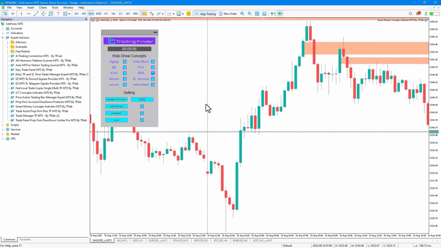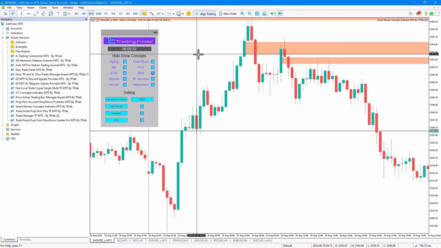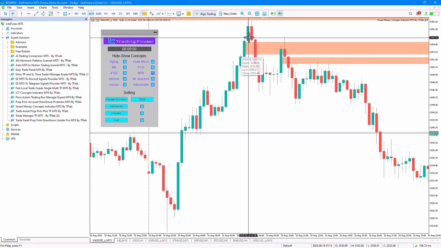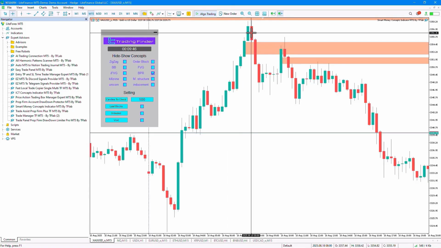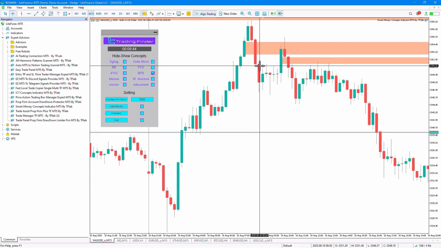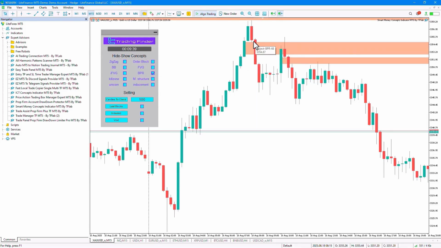For example, at this point, the price moved upward and formed a clear bullish FVG zone, indicating a significant imbalance in the market. After that, as the price returns downward, a bearish FVG zone is formed, and from the overlap of the bullish and bearish zones, a BPR zone is created, which in this case is a bearish BPR zone.